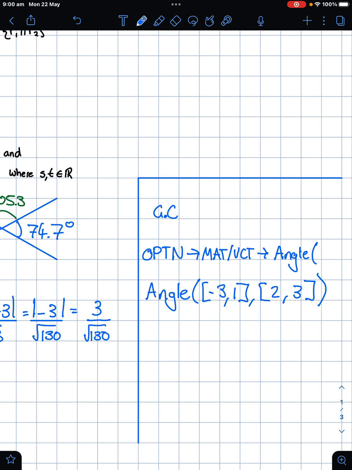So we're going to put that in. Now I'm doing this just so we've got these in a 2 by 1.